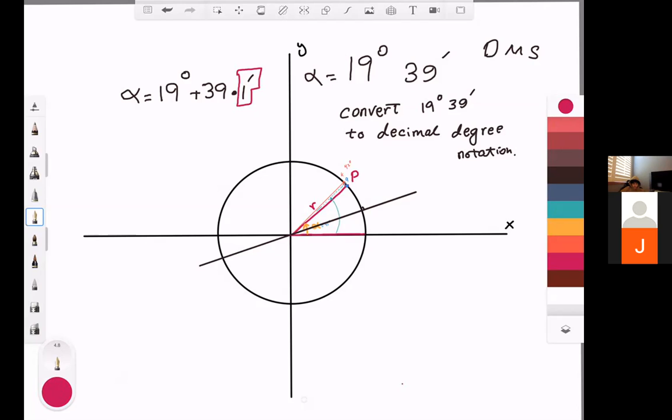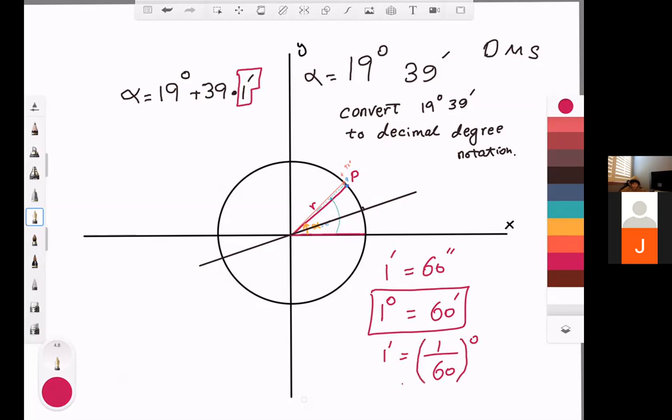So we learned that 1 minute equals 60 seconds, but 1 degree equals 60 minutes, and we are dealing with that here. 1 degree is 60 minutes, so 1 minute has 1/60 degrees. So instead of 1 minute, I will put 1/60. 39 times that. So now this becomes in terms of degrees.